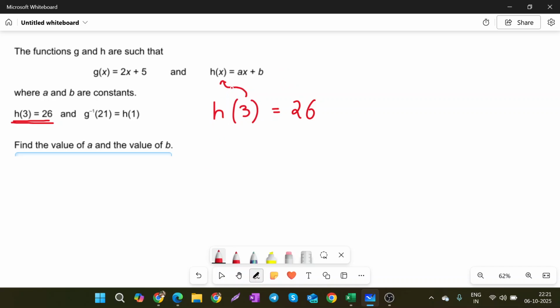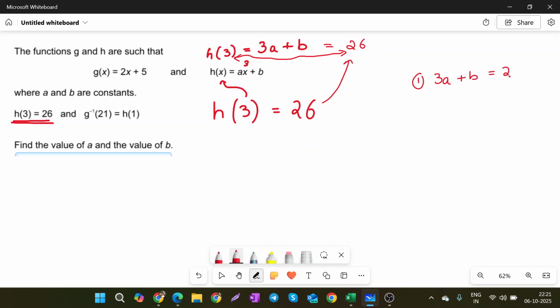If I plug in x as 3 into the formula that they have given us, then h of 3 would be equal to 3a plus b, and I do know that this has to equal 26 according to my question, because all I've done here is create that bridge in the middle by using the expression that was given to us in the question. So the first piece of information that we know is 3a plus b is equal to 26.